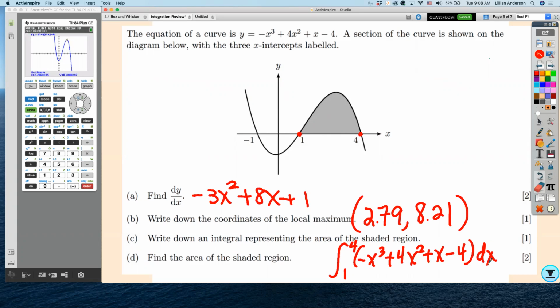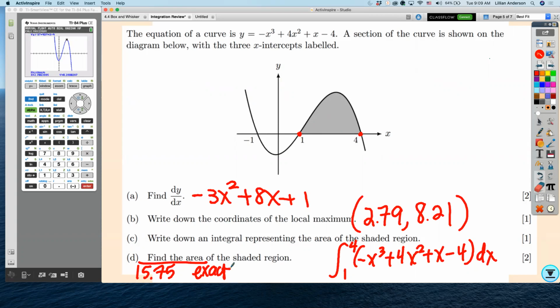And now you actually have to find it. Find the area, not the estimate, the actual area. Do that now. All right, so my area is 15.75. What if it asked you for the exact area?